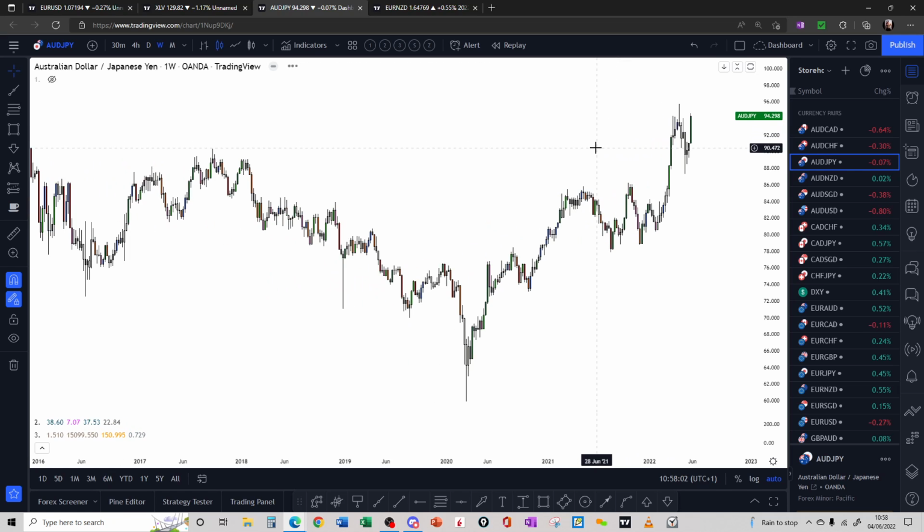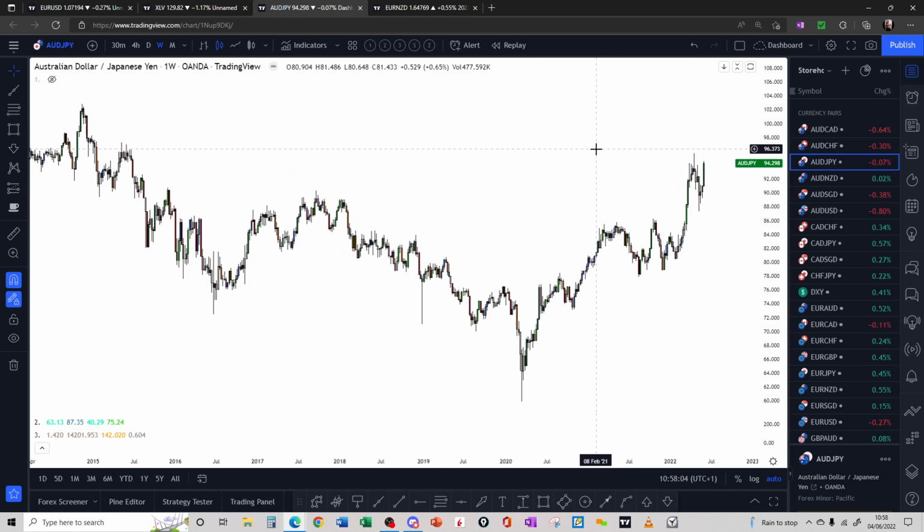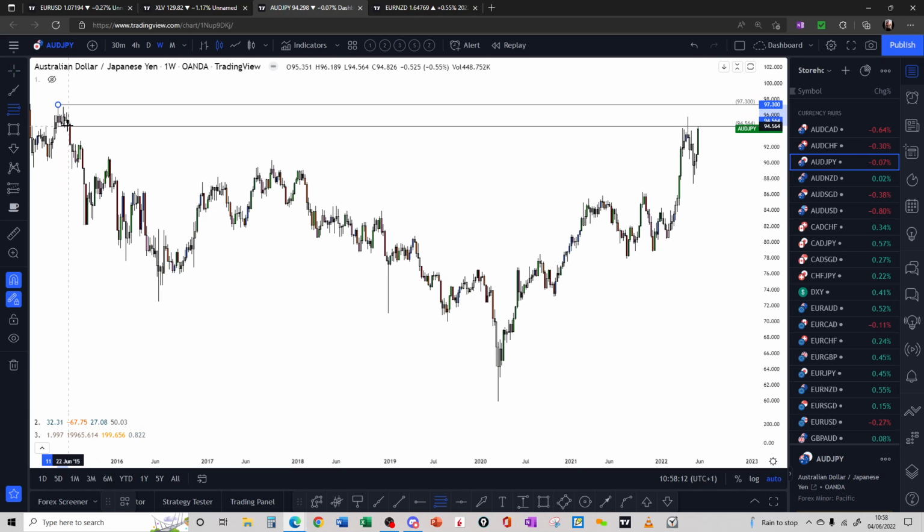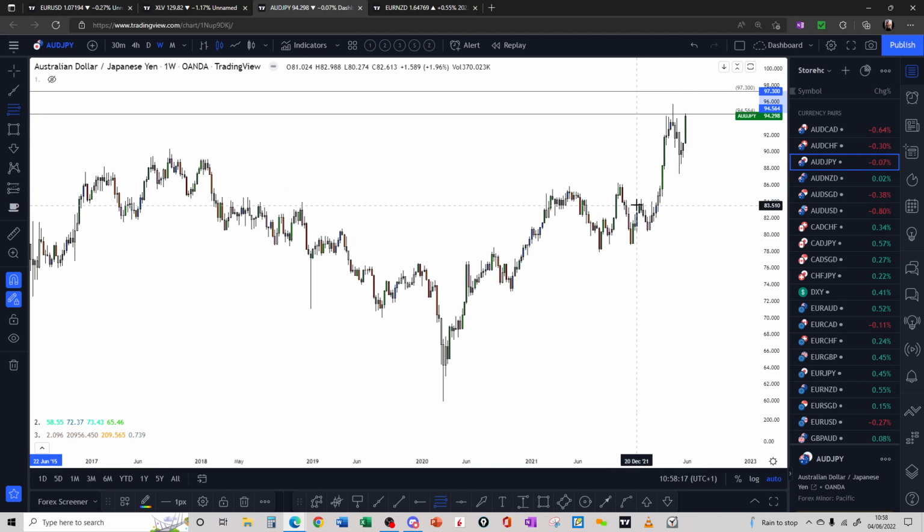If we open it out now and we say, right, where are we going? Well, what's happened is, as usual in an uptrend, supply zones tend to cause reactions only to be broken eventually.